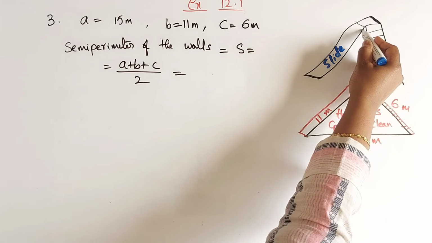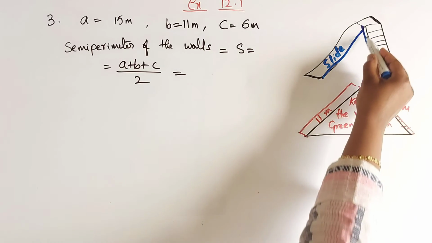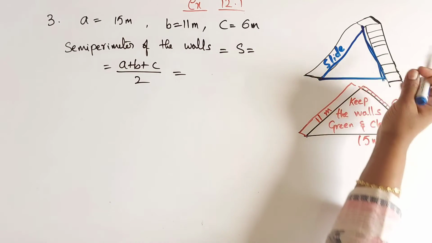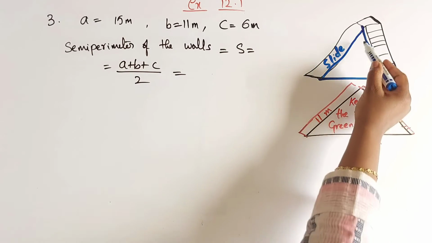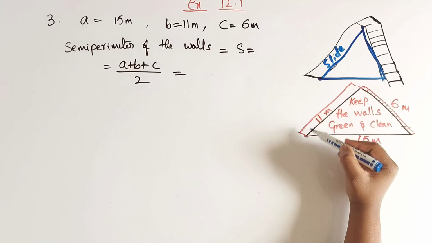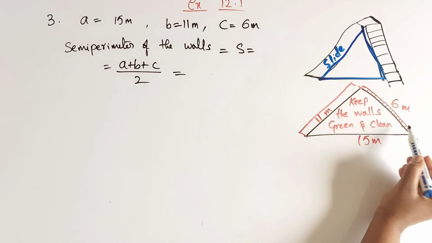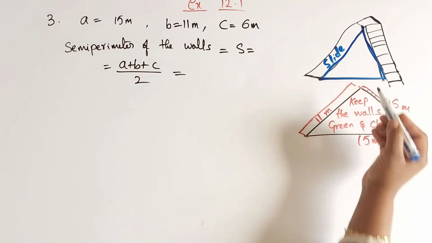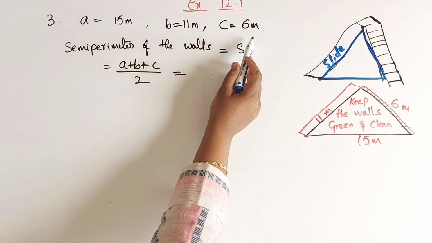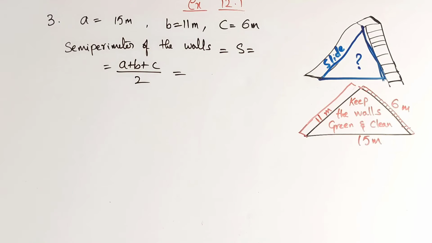So this wall and this wall, they are telling about these two walls. Now the shape is triangle shape. So this is the board, keep the park green and clean here. So this side 11 meter and this side 6 meters and this side is 15 meters. They have given A is 15, B is 11, C is 6 meters. So now they are asking to find out this area, children.